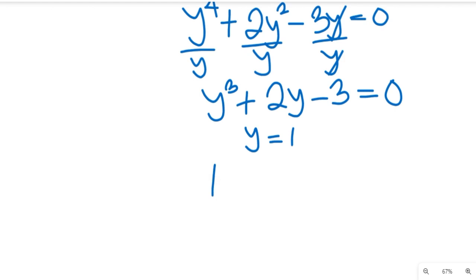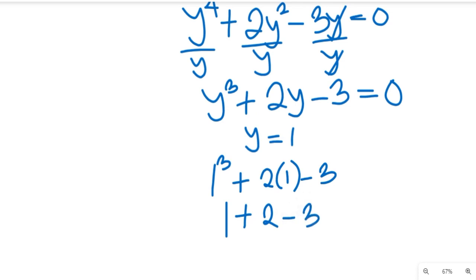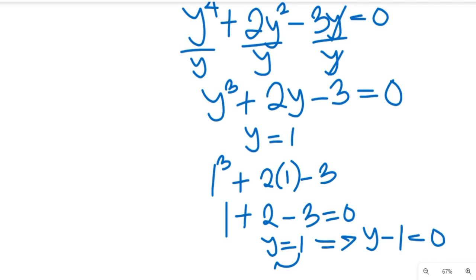We substitute y equal to 1 in that equation: 1 cubed plus 2 multiplied by 1 minus 3. Will it give us 0? If it does, that means y equal to 1 is a factor. This gives us 1 plus 2 minus 3, which is 0. That shows that y equal to 1, which means y minus 1 equal to 0, is a factor of that polynomial.